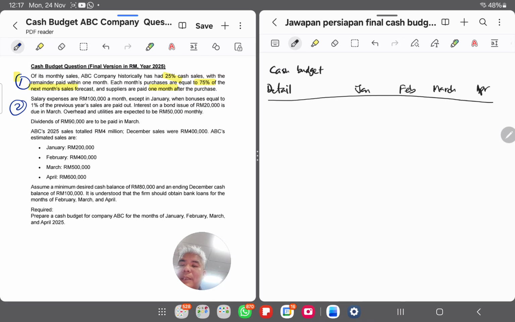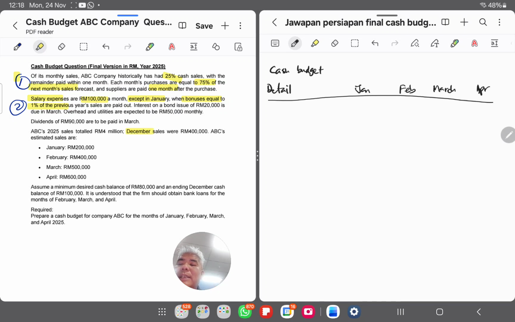The next paragraph is about the expenses, or what I mean is the cash out. We pay for the amount. We have to use our money to pay the expenses. For example, the expenses of salary, 100,000 a month, except in January when there is a bonus. The bonus is 1% from the previous year, or December.